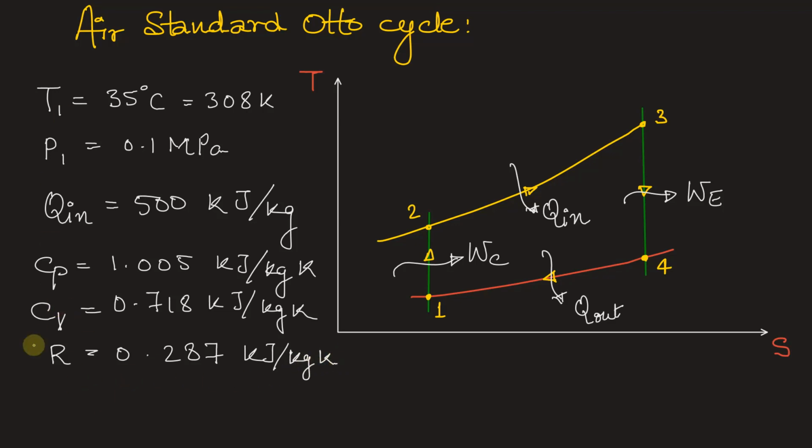So from here we can find heat capacity ratio, that is gamma, which is given by Cp by Cv. This will be equal to 1.4.